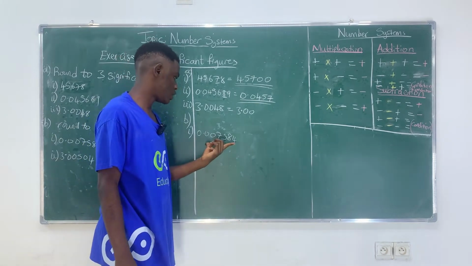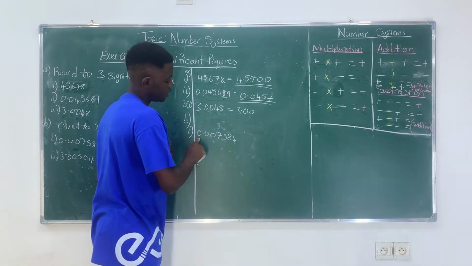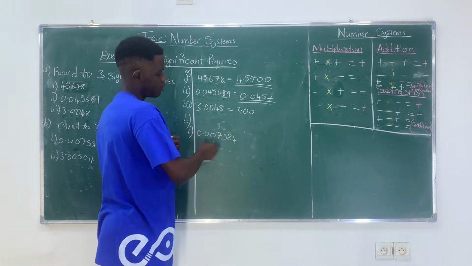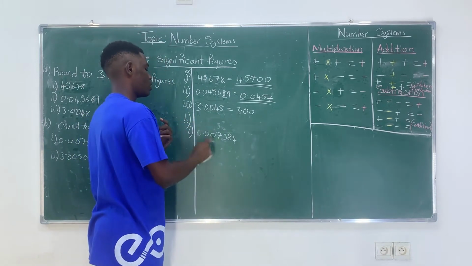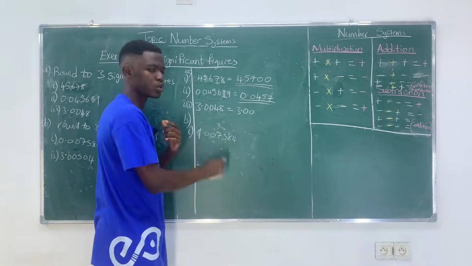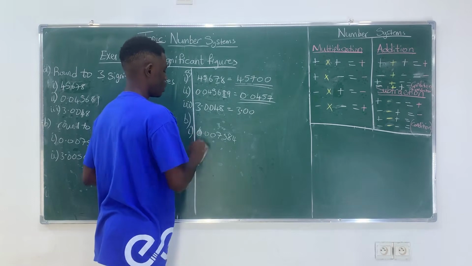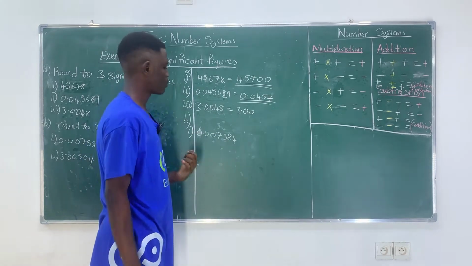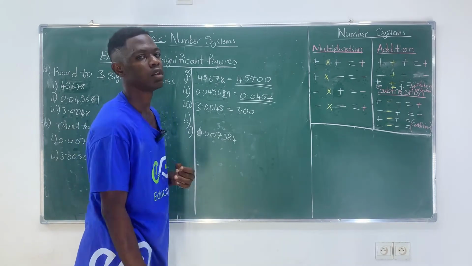So how many significant figures are here first? We have to count. These 3 are not significant figures because they are leading zeros. Had there been a 1 here, the zeros after it would have been significant, but actually they are not significant figures. So we have 1, 2, 3, 4 significant figures.